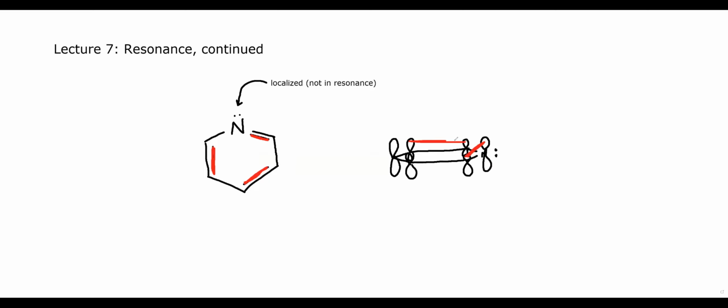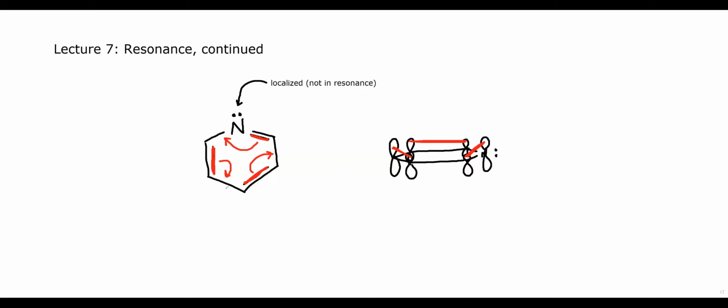We have a bond between those two p orbitals, and we have a bond between these two p orbitals. Those are the delocalized electrons. We could draw arrows like this. Remember, these electrons can be in resonance. They can all kick each other over one position. But these two electrons on nitrogen are just not in a p orbital. Those are in an sp2 orbital.